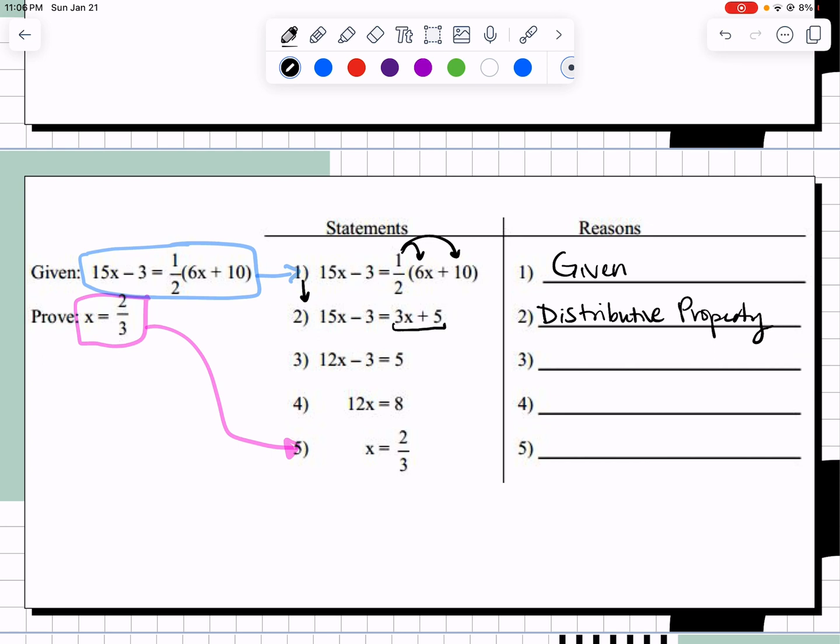From there, it looks like there's a connection between the 5s and the negative 3s, which means that something happened with the 3x. And the only way I could move this over is by subtraction. So this is the subtraction property.